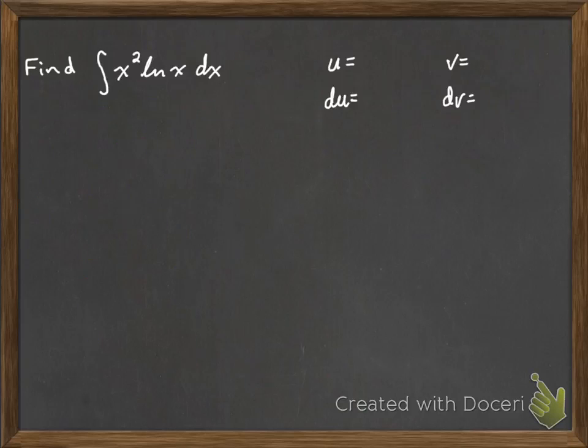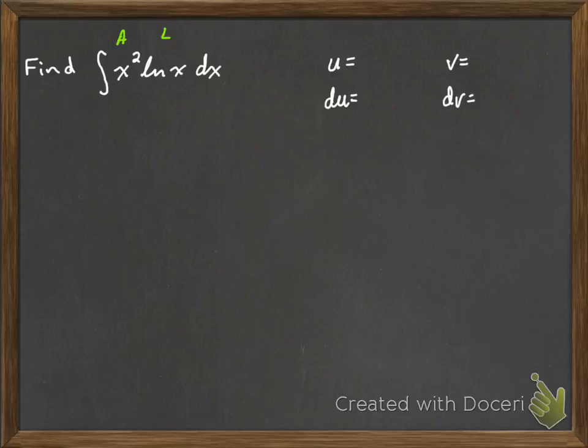Let's take a look at this problem over here. We have two things: we have ln x, and we have x squared. Well, x squared is an algebra problem, so this is A. ln x is a logarithm.